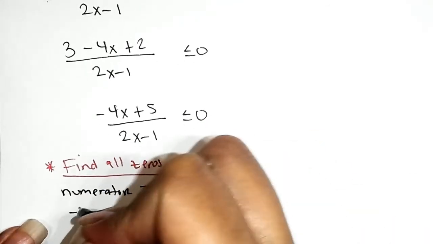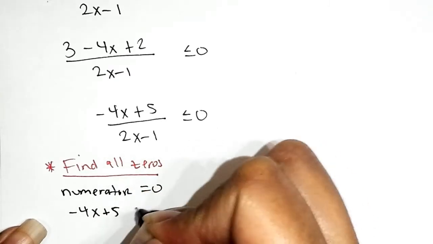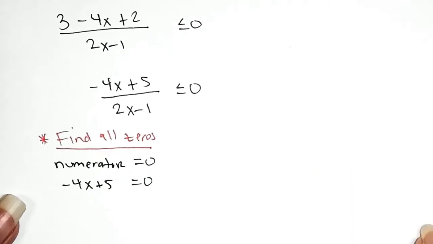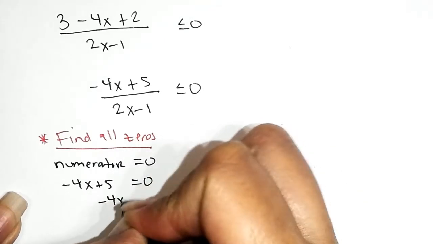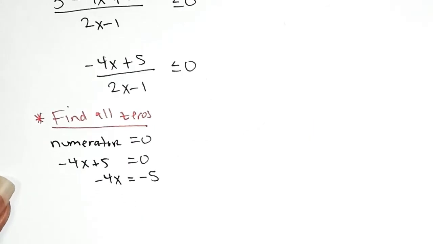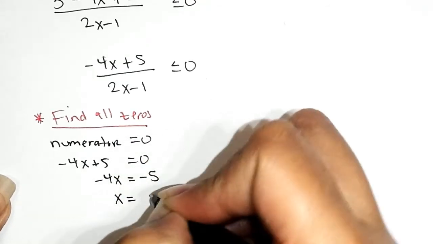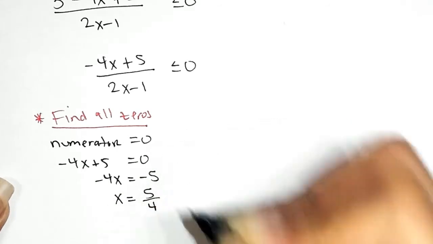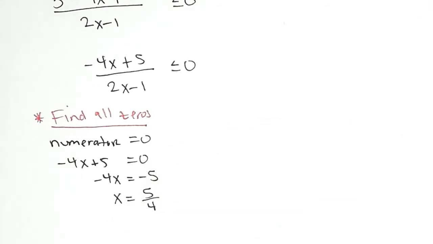So we have negative 4x plus 5, and let's equate that to 0 and then do what we've got to do. When we subtract 5 from both sides, that will give us negative 4x equals negative 5. And after we divide both sides by negative 4, that will give us any equivalent form. That will give us x equals any equivalent form of 5/4.